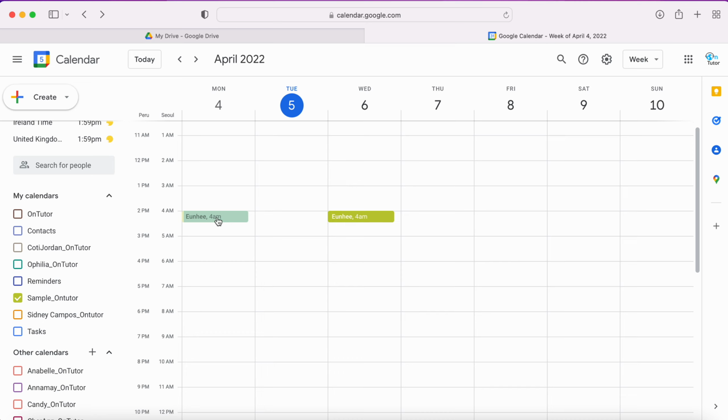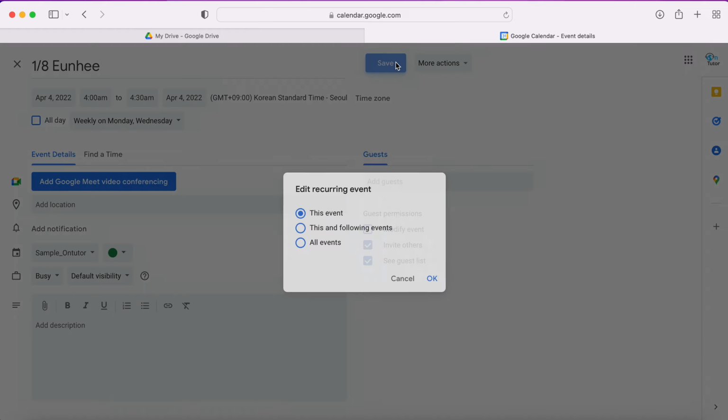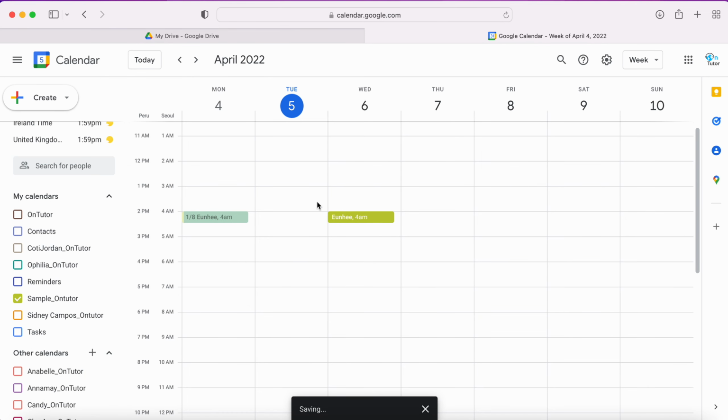The next one you started already, right? So once you start already, you have to mark, since this is the 4th of April and you had your first lesson already, so you put this 1/8. Okay, save. We don't advise that you put all of this right away, like 2/8, 3/8, 4/8, because we will get confused.